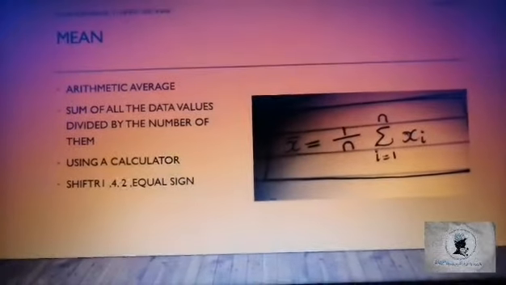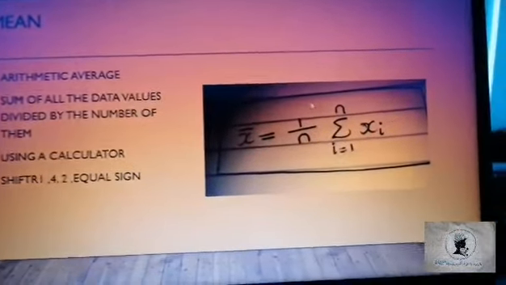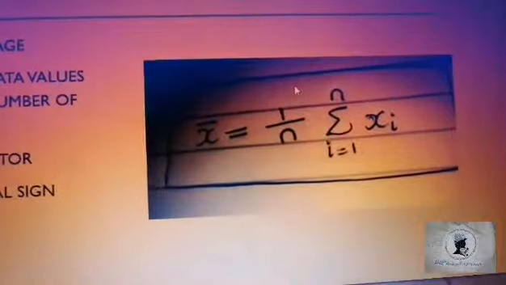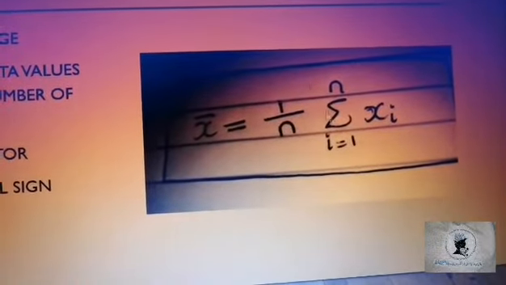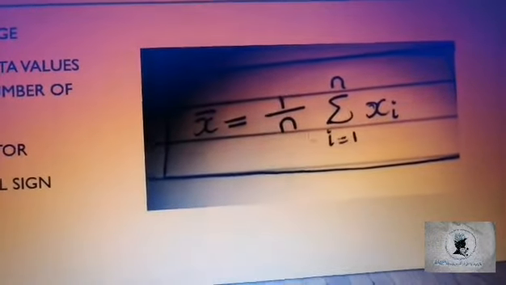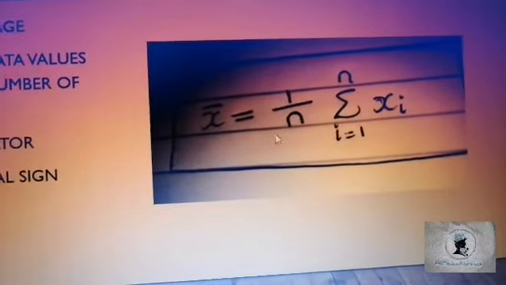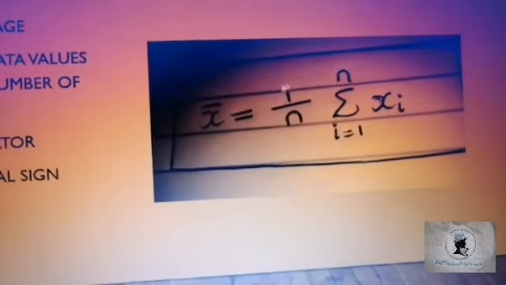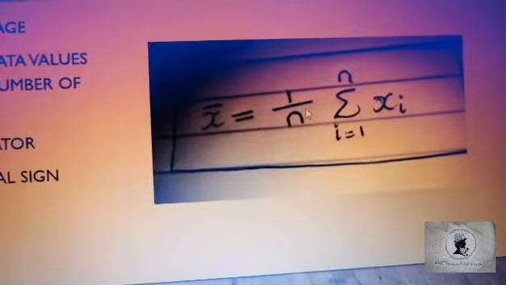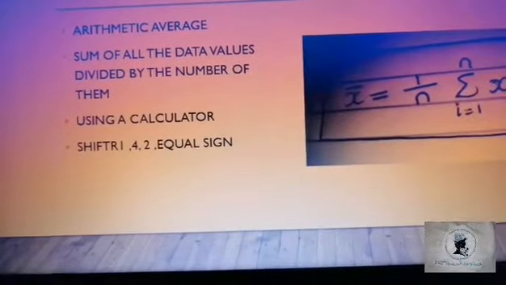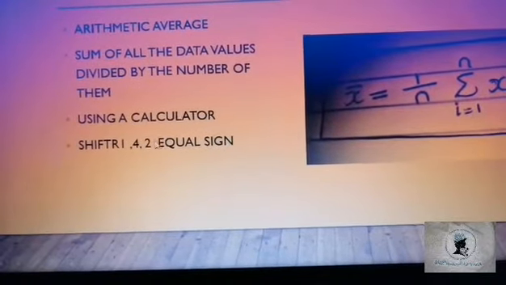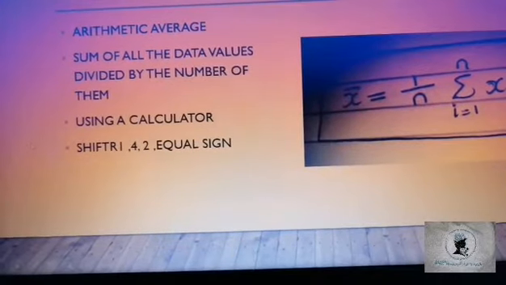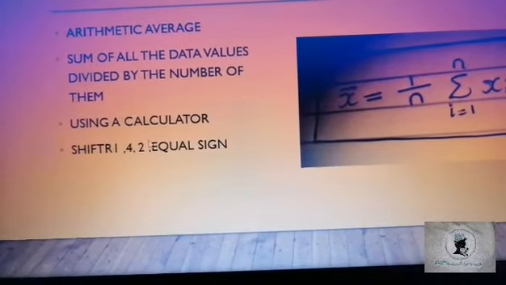You obtain it by, if you can see, let me zoom in, summing all your data values and dividing it by n, which is the number of data values you have in your sample. So when using a calculator, now we are assuming that you've already entered your data into the calculator.